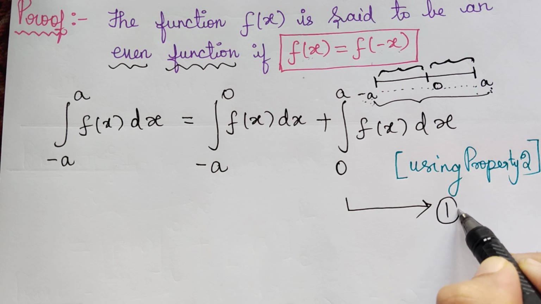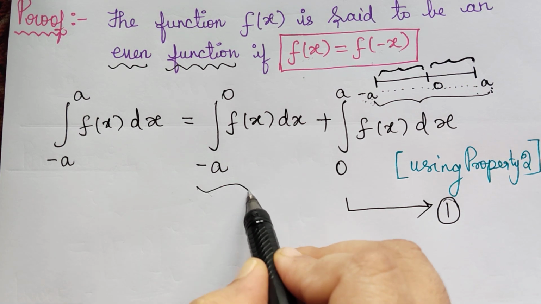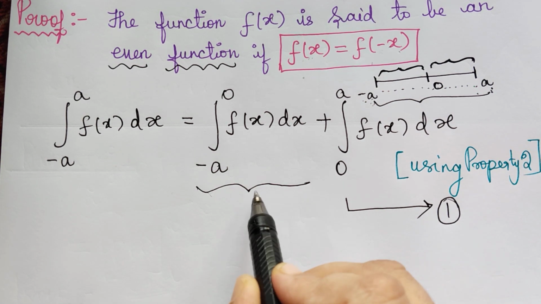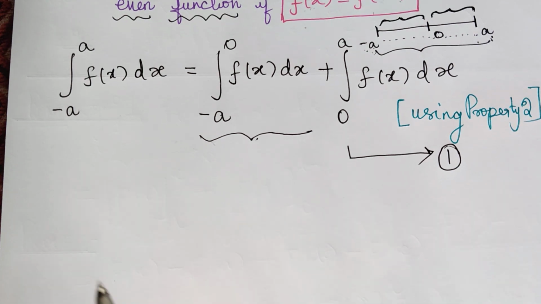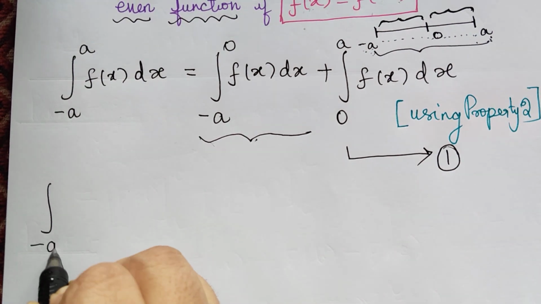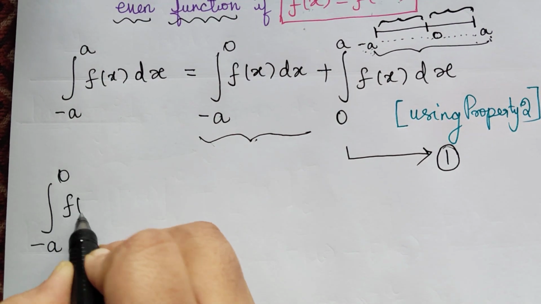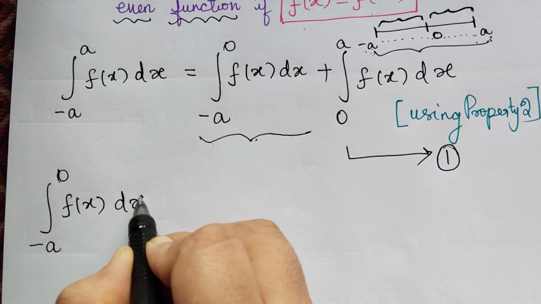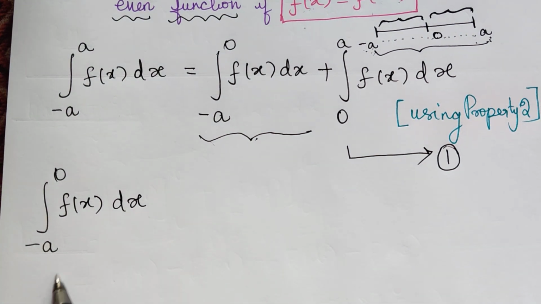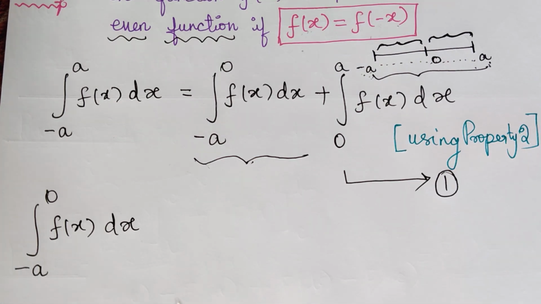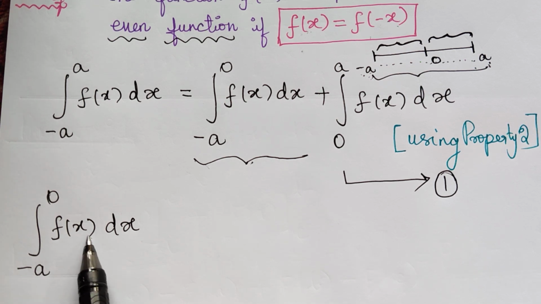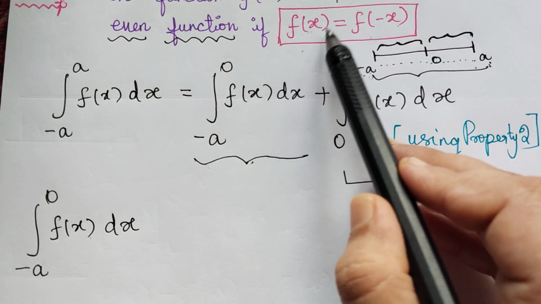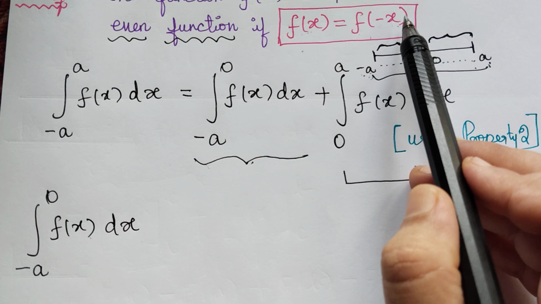After marking this, now we will consider the first integral and evaluate it separately. That is, I am going to consider integral minus a to 0 f of x dx, and evaluate this integral separately. Now since f of x is an even function, f of x is equal to f of minus x also.